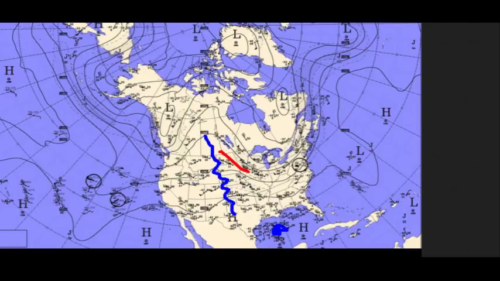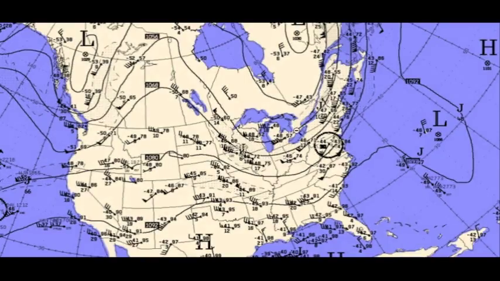Up to the north, very persistent polar front jet in the Great Lakes area into the northeast U.S. And there's a closer look at that: 70 to 80 knot winds across the northeast U.S., and that J right there indicates the center of a jet core. That's a jet max there.